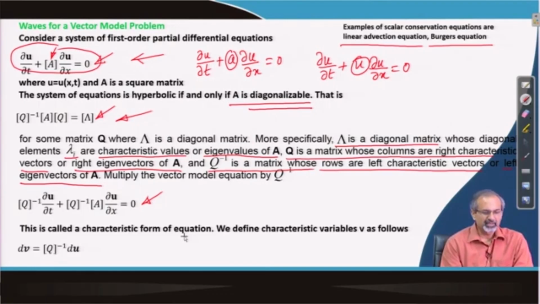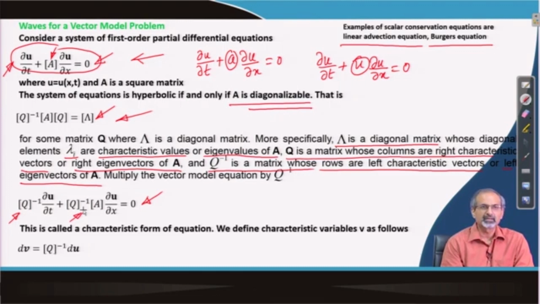So, we are multiplying the vector model equation by Q inverse. This is the first term, this is the second term. Now, we are proceeding towards forming the characteristic form of equations.